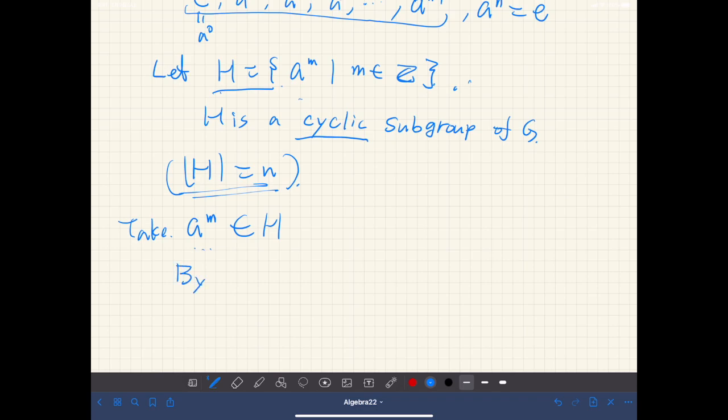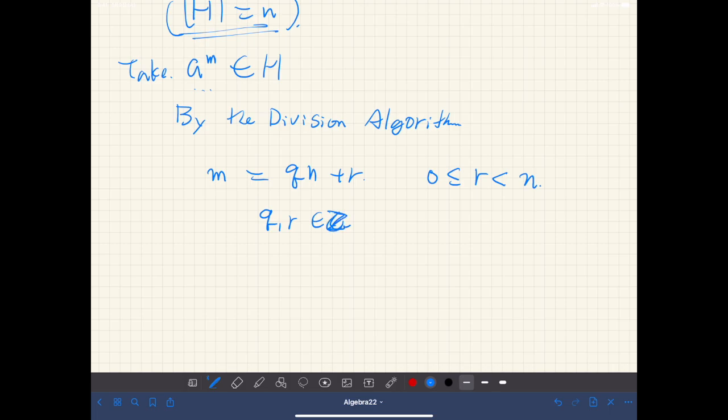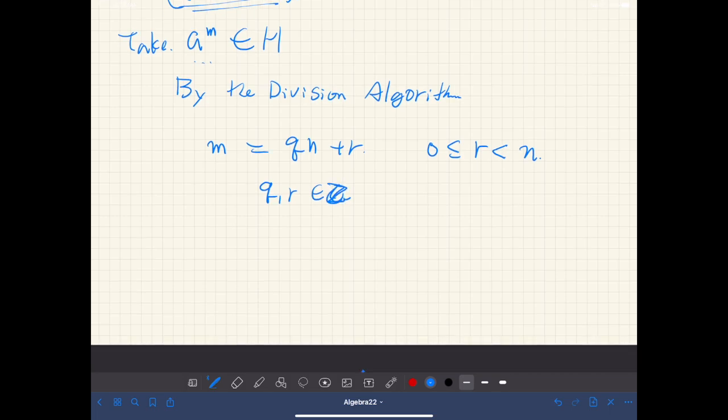By the division algorithm, we can express this m as qn plus r, where r is between 0 and n, and q and r are of course integers.